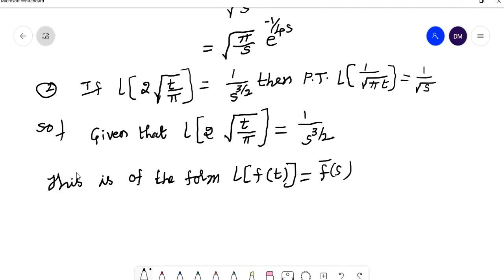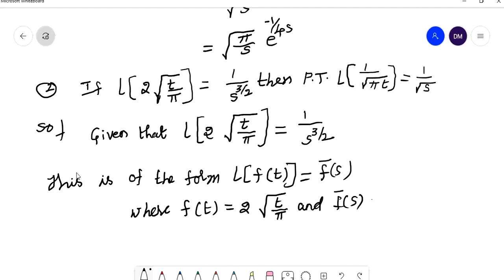If you compare these two, f of t is equal to 2 into root of t by pi, and f bar of s is equal to 1 by s power 3 by 2, right.